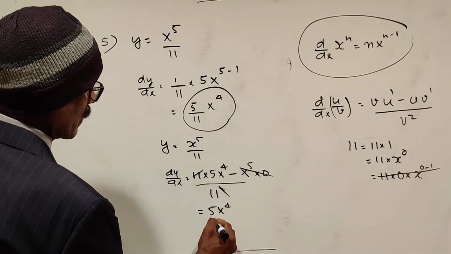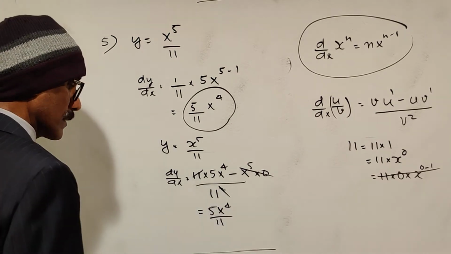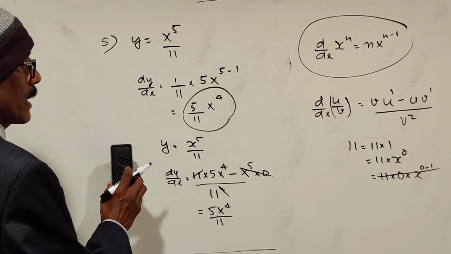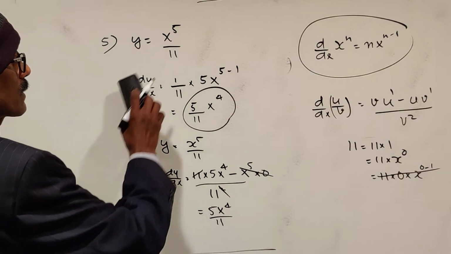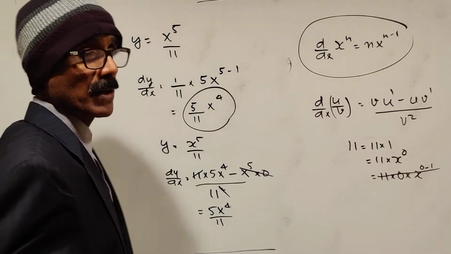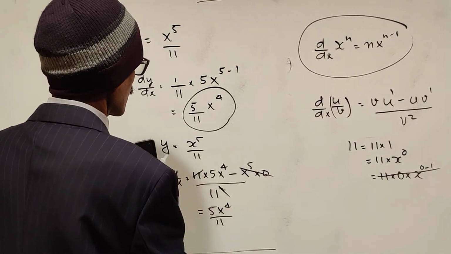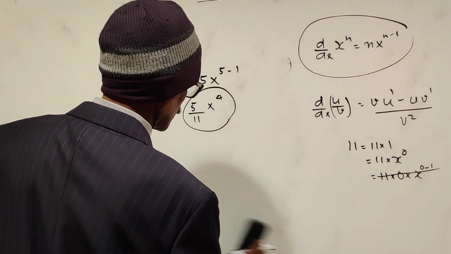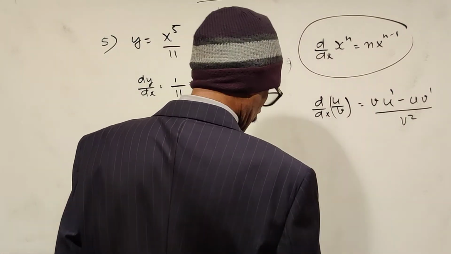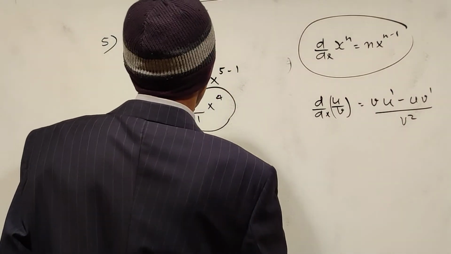So my suggestion is you need to learn this. This is the easiest method. You don't need to apply the quotient rule because 11 is a constant. You can avoid 2-3 steps. Okay, next one.